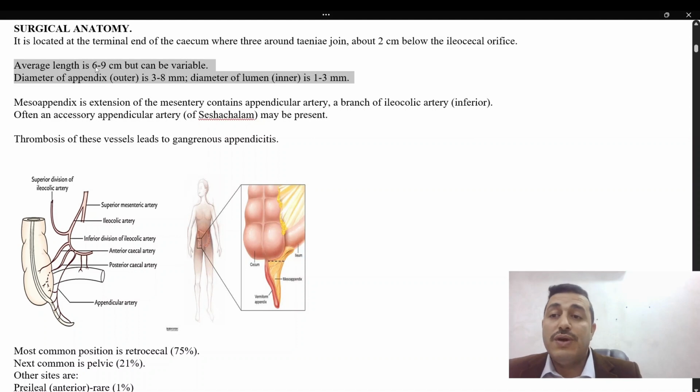But theoretically, the length is about 6 to 9.